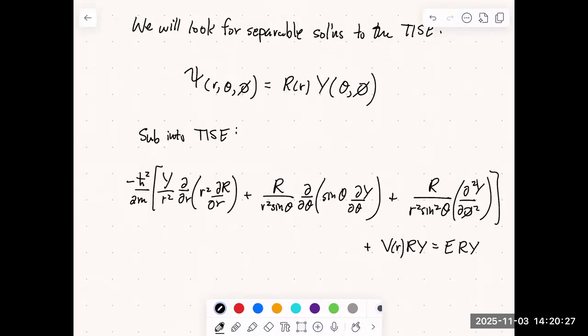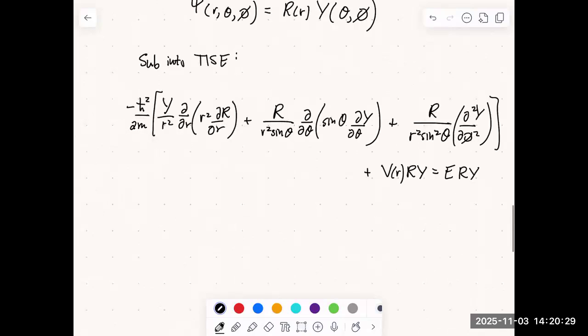So let's see how it all works. So we're going to divide by R times Y, and we're going to multiply. I said we would multiply by r squared. Just to clean it up a little bit, I'm going to take the 2m and the h bar squared as well. So in fact, we'll do minus 2m r squared over h bar squared.